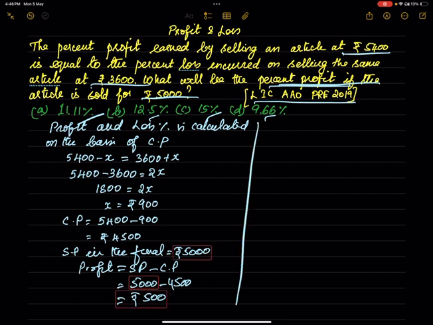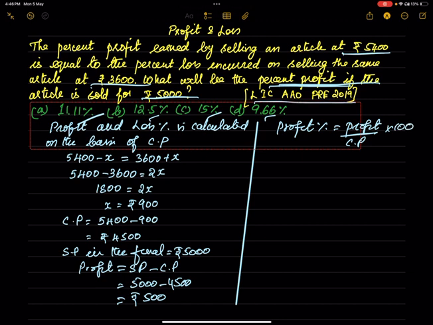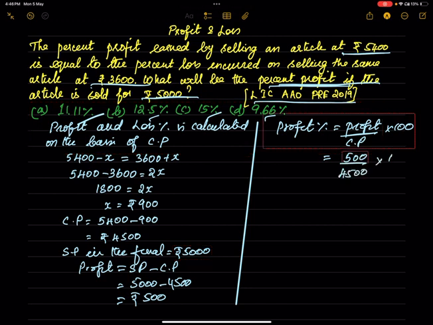Now profit percentage is equal to profit by CP into 100. What is profit? 500. What is CP? 4,500, into 100.